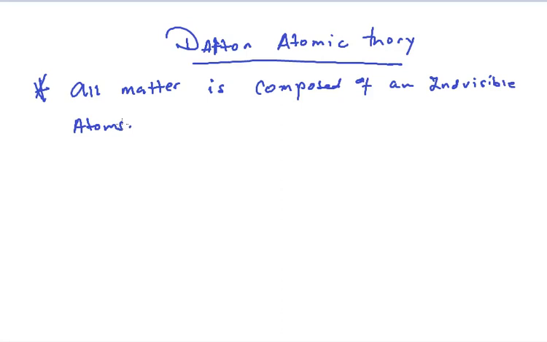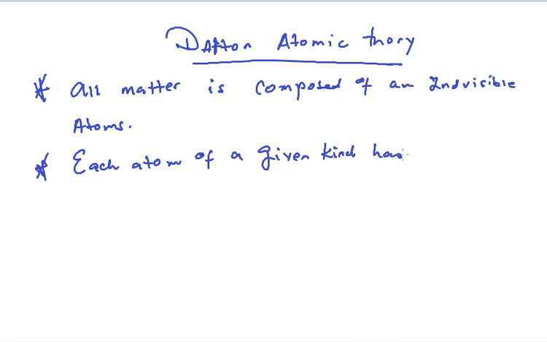The second theory is that each atom of a given kind has the same properties.